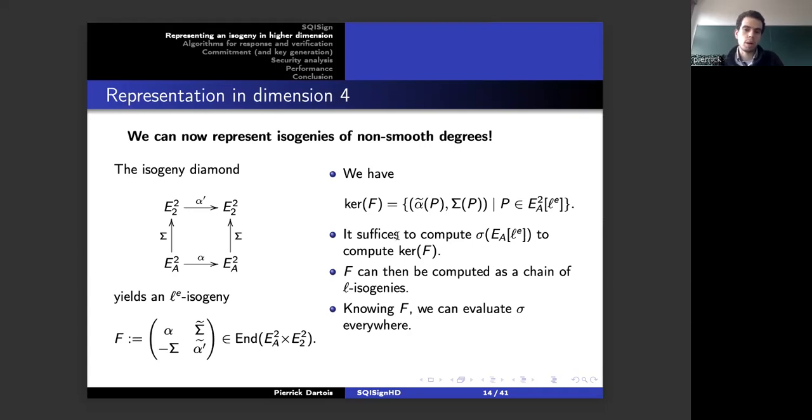And so knowing the kernel, of course, we can compute the isogeny F actually as an L isogeny chain. And knowing F, we can evaluate sigma everywhere, so we have an efficient representation.